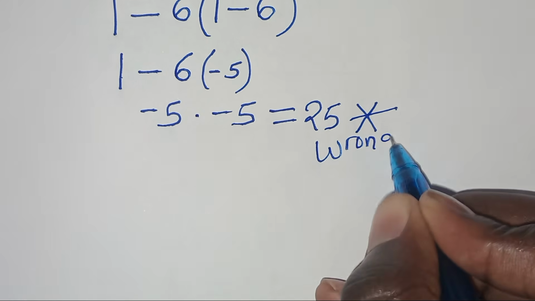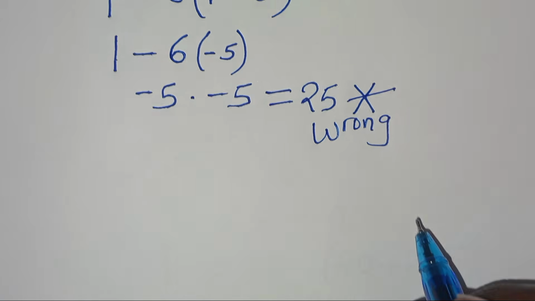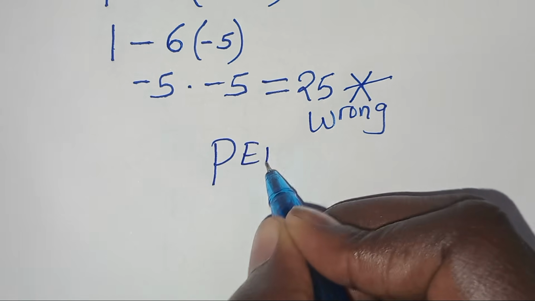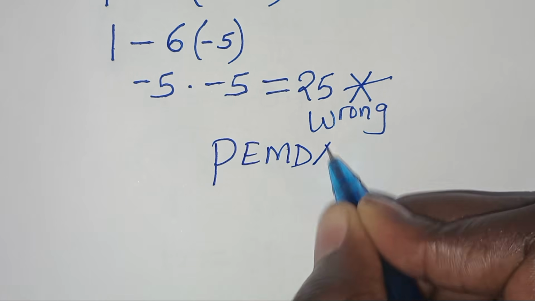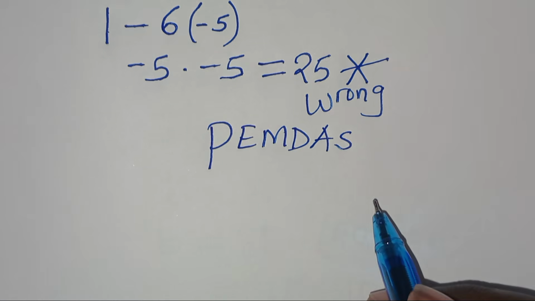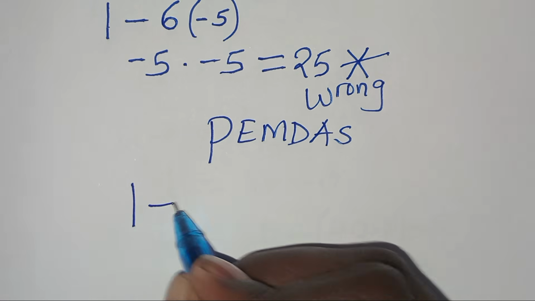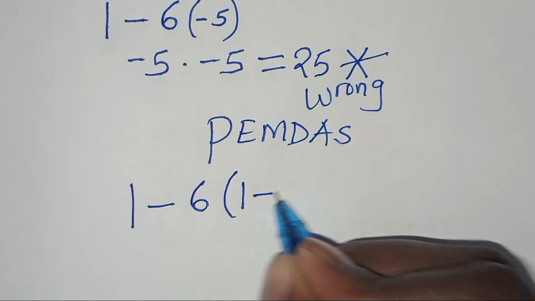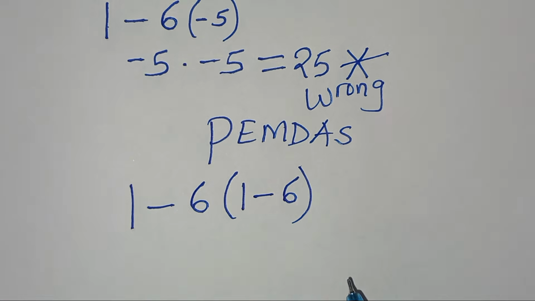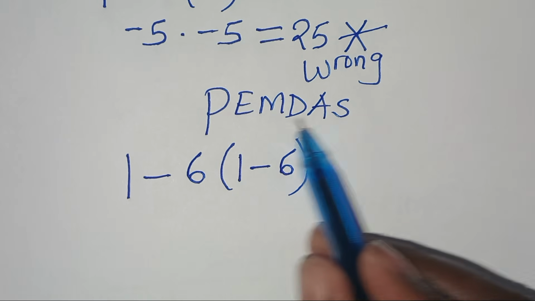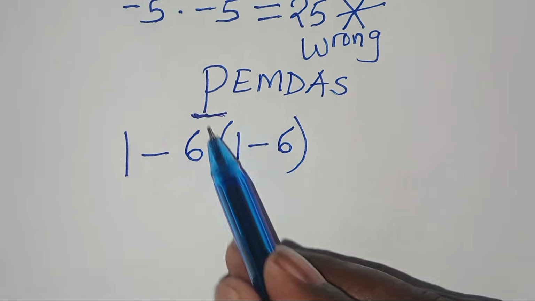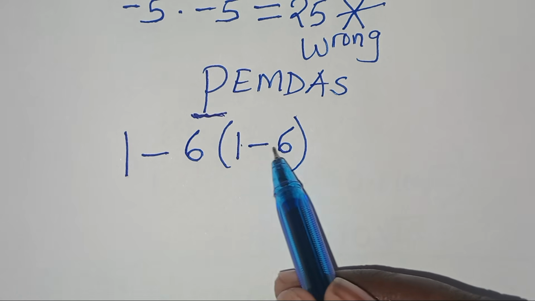This is wrong. Now, let's apply the order of operation here, which is PEMDAS. So in this case, we have 1 subtract 6 times the parentheses, 1 subtract 6. From the order of operation, we have parentheses here, which is 1 minus 6.